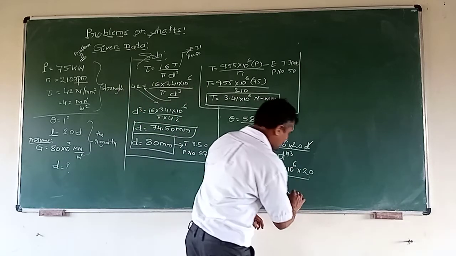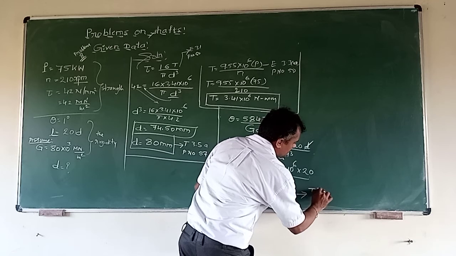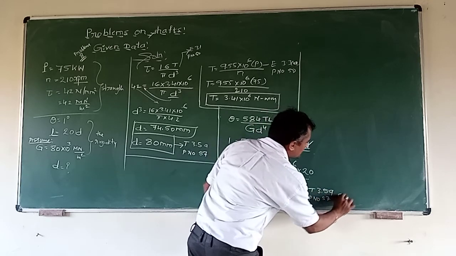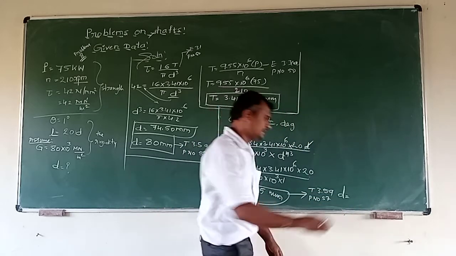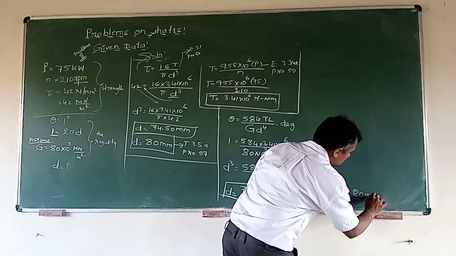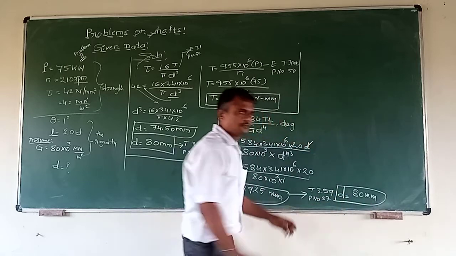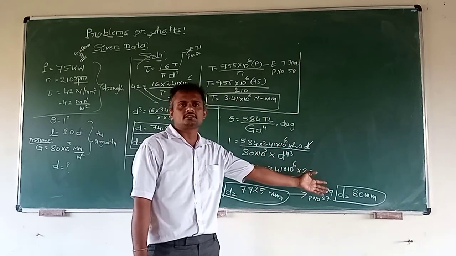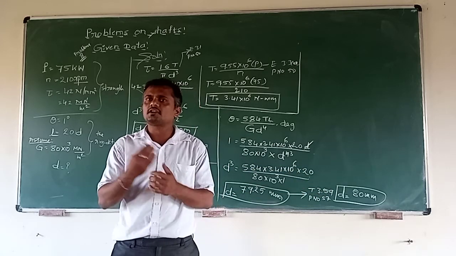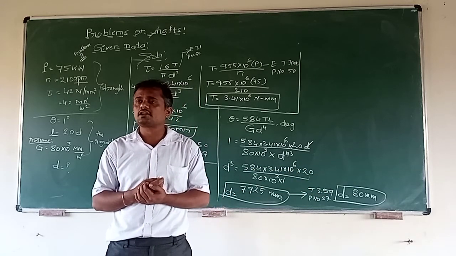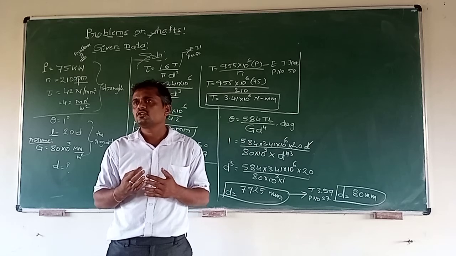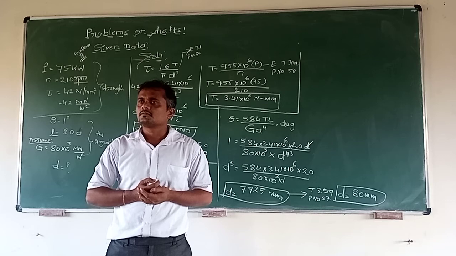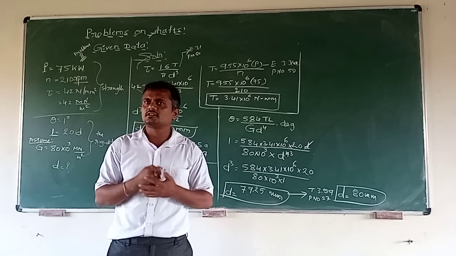Afterwards you again refer to the standard table 3.5a, page number 57, and the d value obtained is 80 only. So in both methods you got the same answer, 80. Suppose you get different answers after referring to the standard table, then you have to go with the higher value of diameter, which is on the safer side for the design procedure.